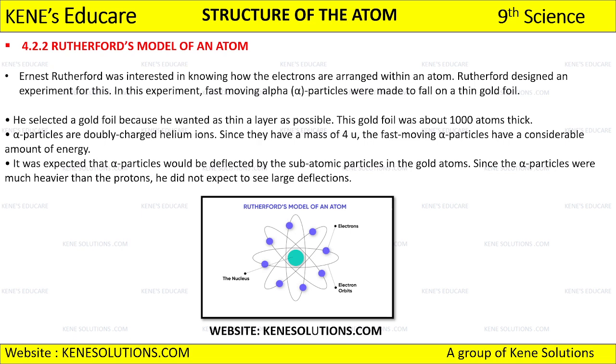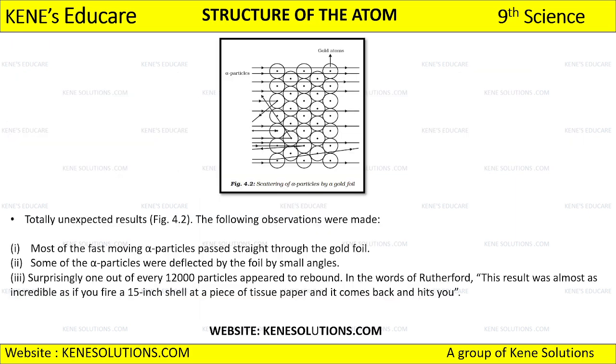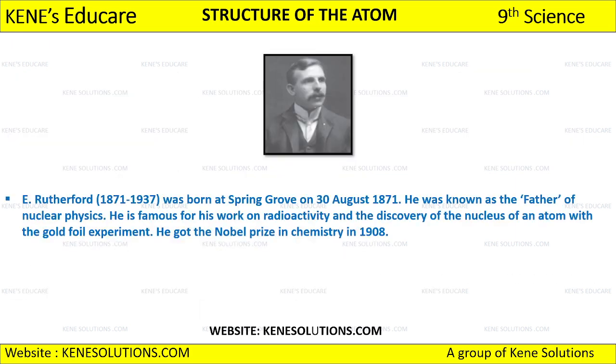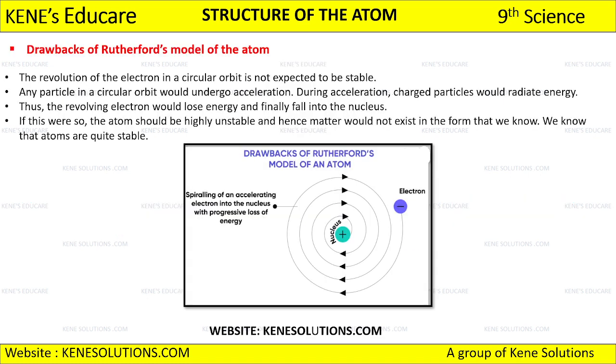Now, in the next class, we will start with Rutherford's model of an atom in detail. We will study who exactly Rutherford was, then why exactly Rutherford's model of an atom failed, so the drawbacks of Rutherford's model as well.